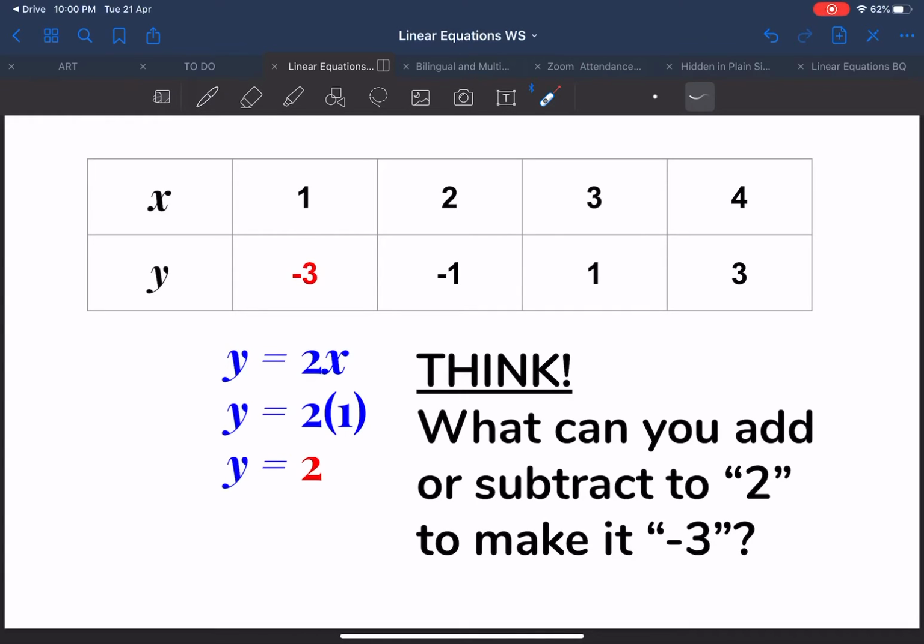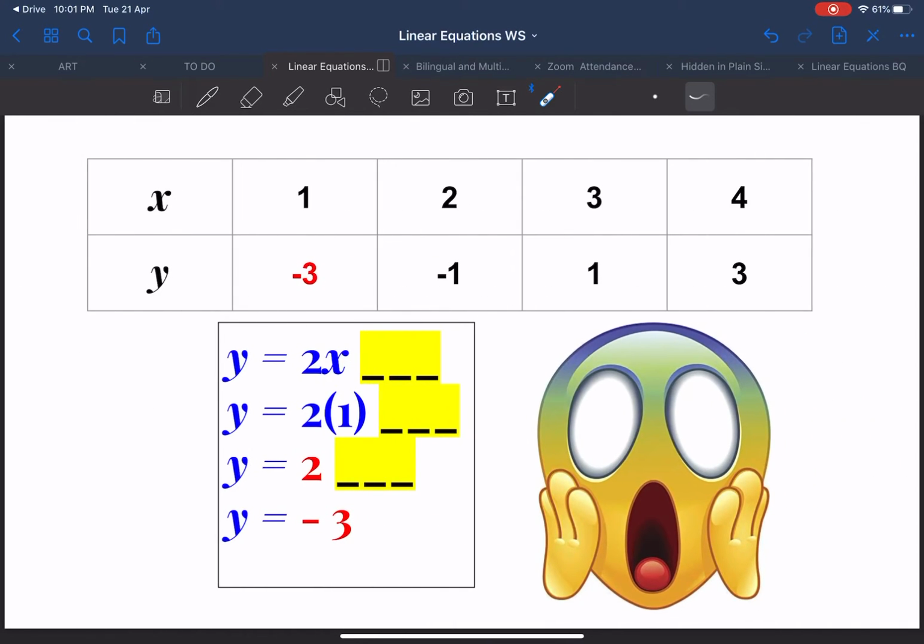So think, what can you add or subtract to 2 so that it will become -3? How can I make 2 into -3? Think about it. You can pause the video while you think. So what do I put?